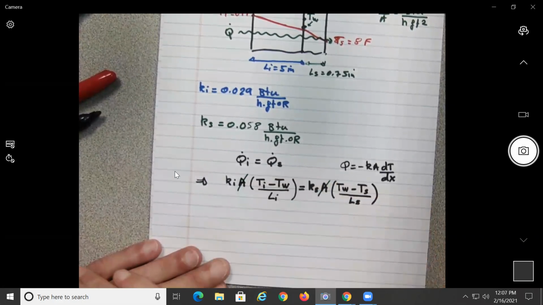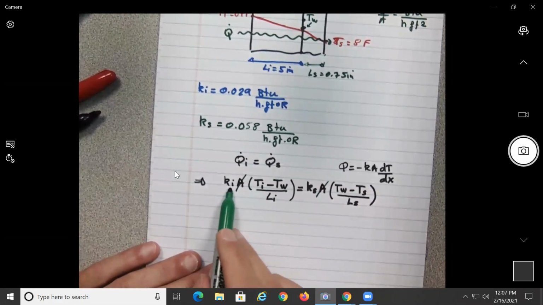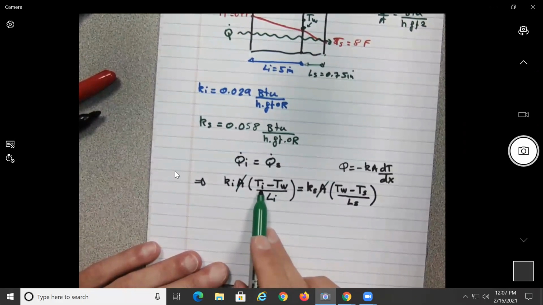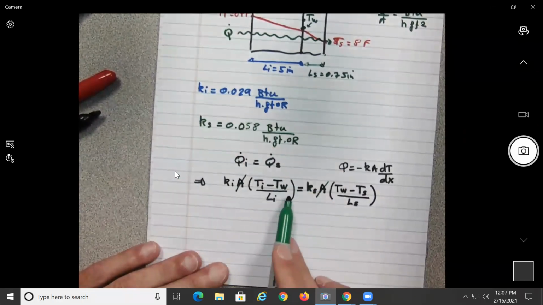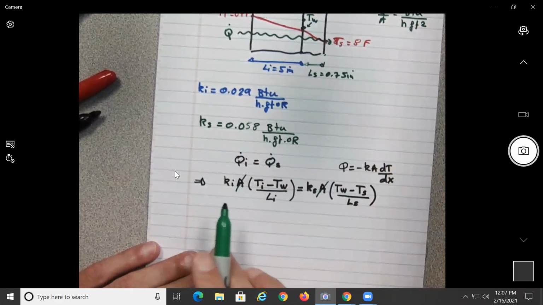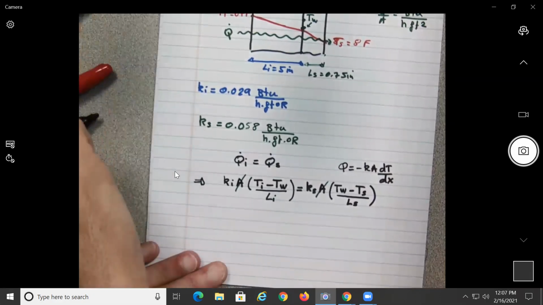You can eliminate the A, and we know K insulation, yes. We know K siding, yes. We know T insulation, 67. Do we know T wall? No. But do we know T S? Yes. So what is the only unknown in that equation? T wall. So we can solve for T wall. Okay? So let's solve for T wall.